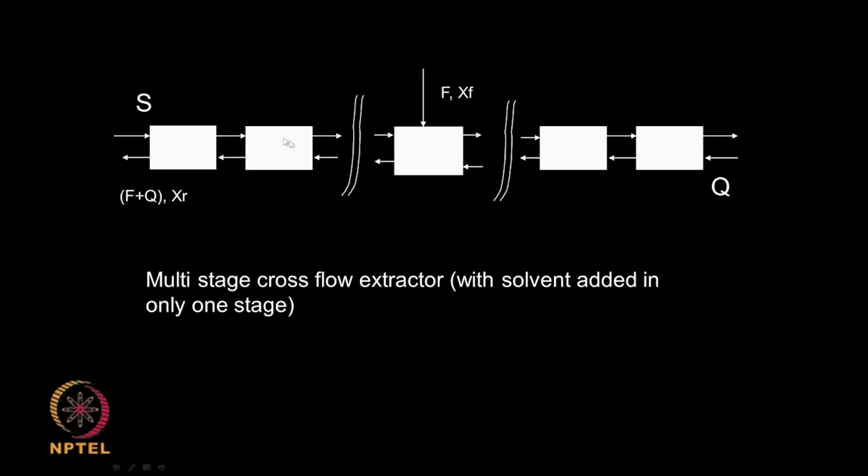That is because your F, the amount of the feed, changes here. So E also changes for this portion as well as for this portion. Those terms will come into the equation.